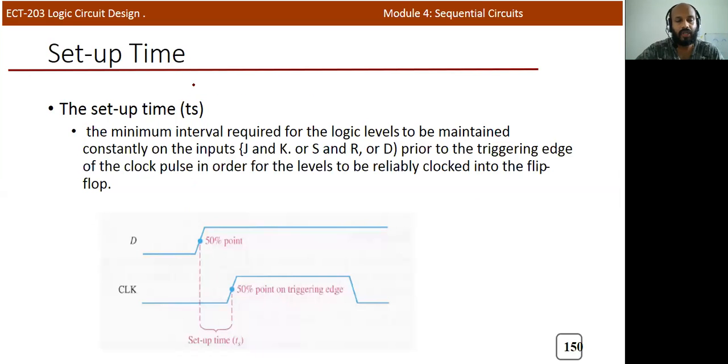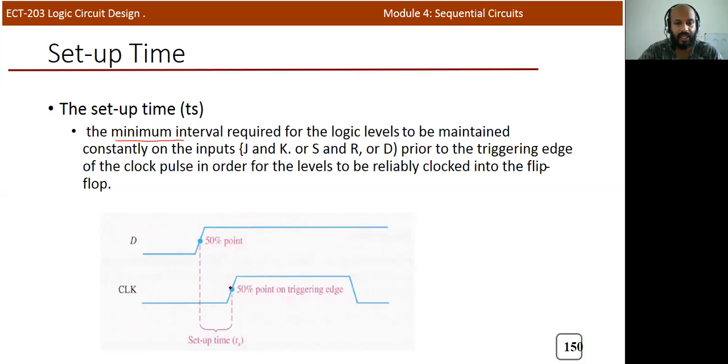Another important time is the setup time. Setup time indicates the minimum time we need to maintain the input constant. For example, we normally say that when you apply the clock signal, at the same instant the input will be sensitive. But in the practical case, that's not valid.